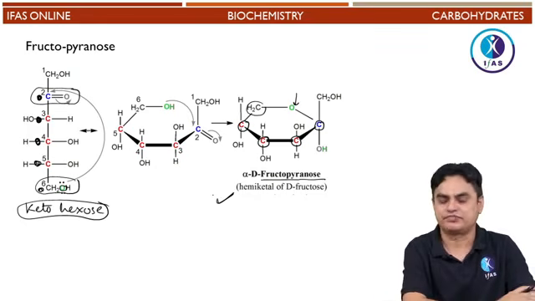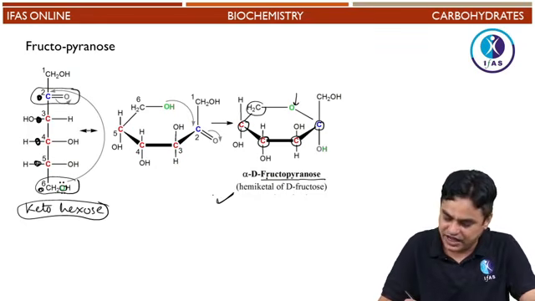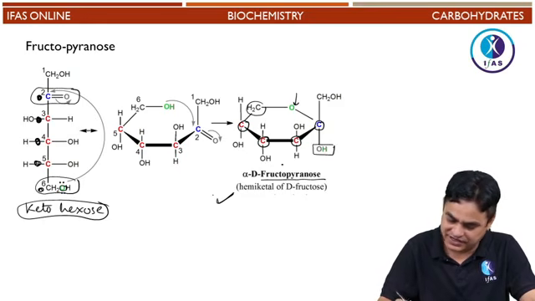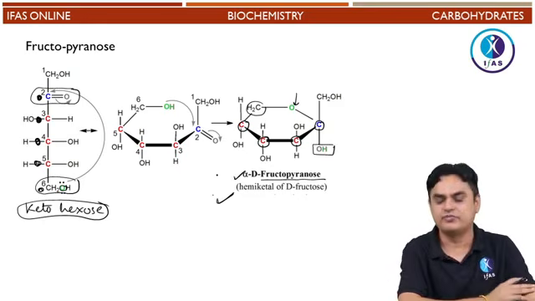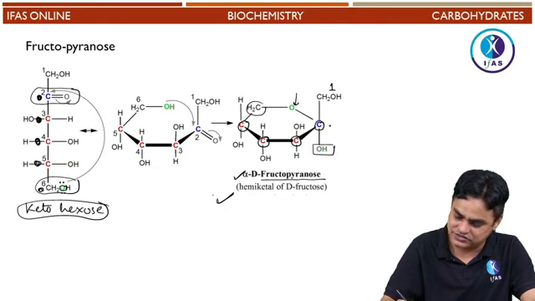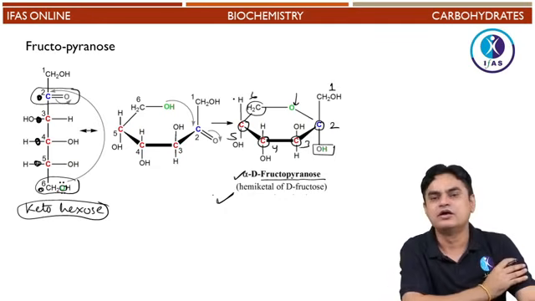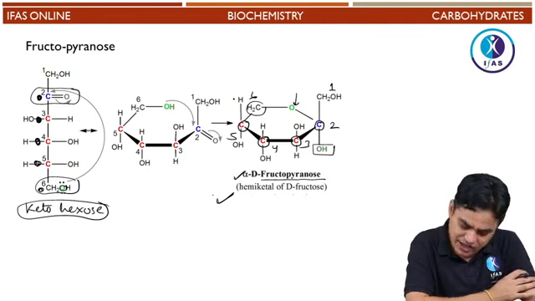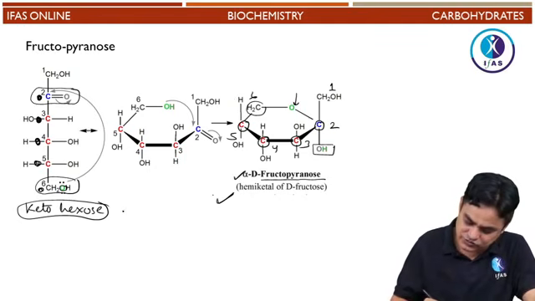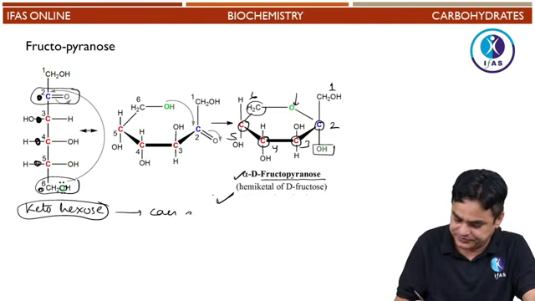fructopyranose. Since at this position, at alpha position, OH group is down the plane, it is referred to as alpha D fructopyranose. So this is the carbon 1, this is carbon 2nd, 3rd, 4th, 5th, and 6th. So fructose being a ketone, so ketohexose can adopt pyran ring.